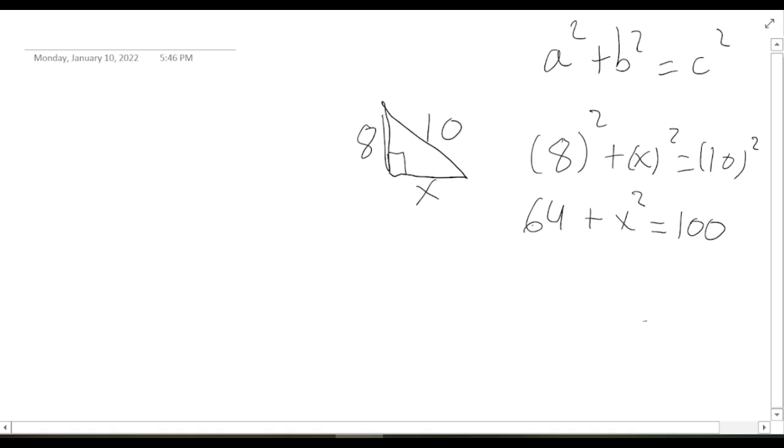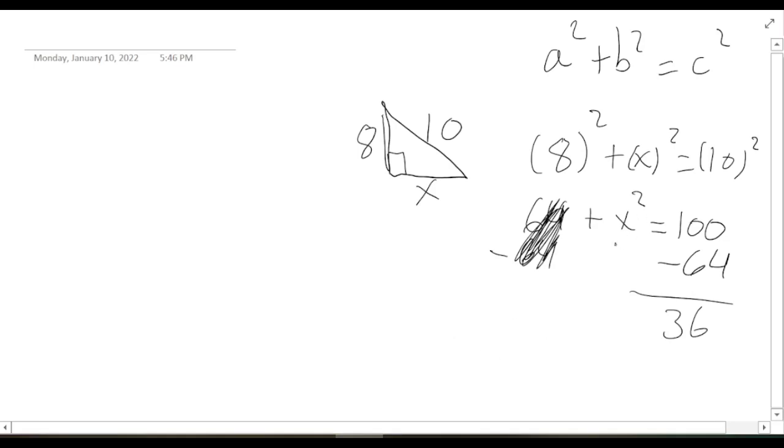So let's move this 64 all the way over to this 100. So let's minus 64. So this eliminates. And let's minus 64 from this side. So when we minus 64, we get 36.